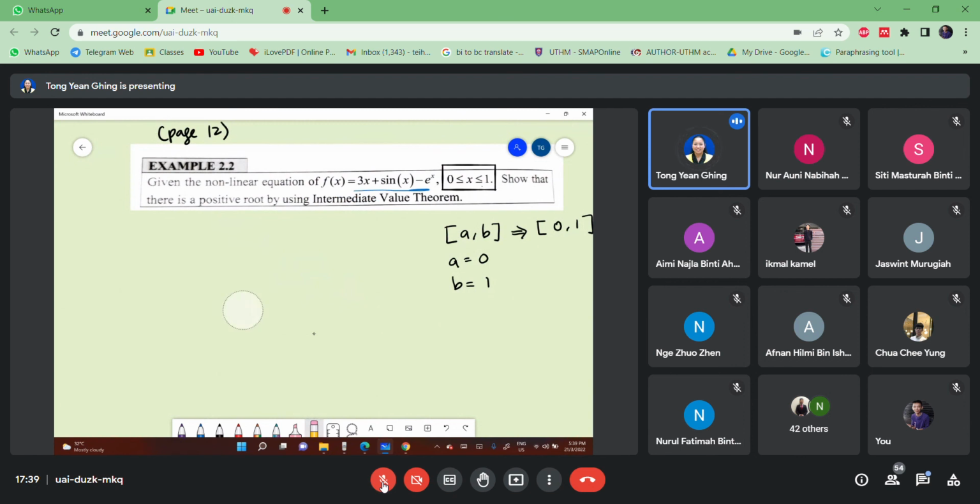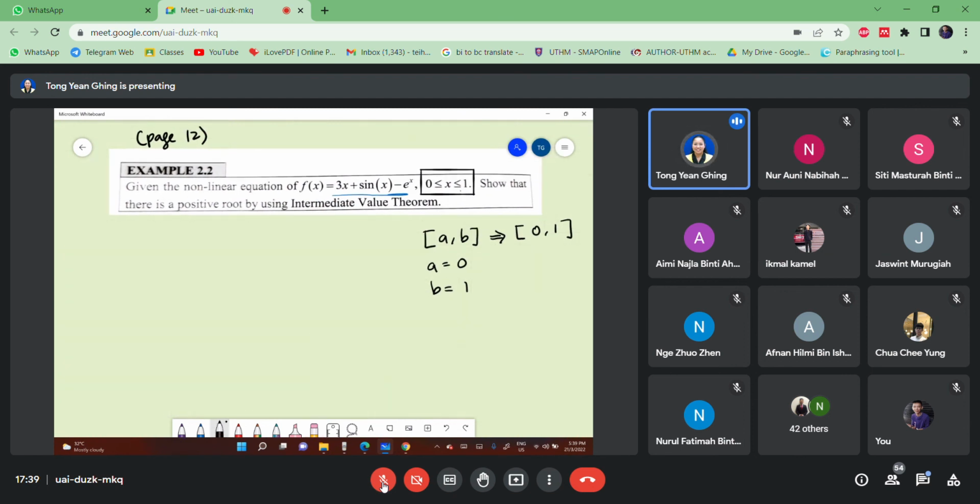Okay. So now fx is like this. Fx equals 3x plus sin x minus exponential of power x.